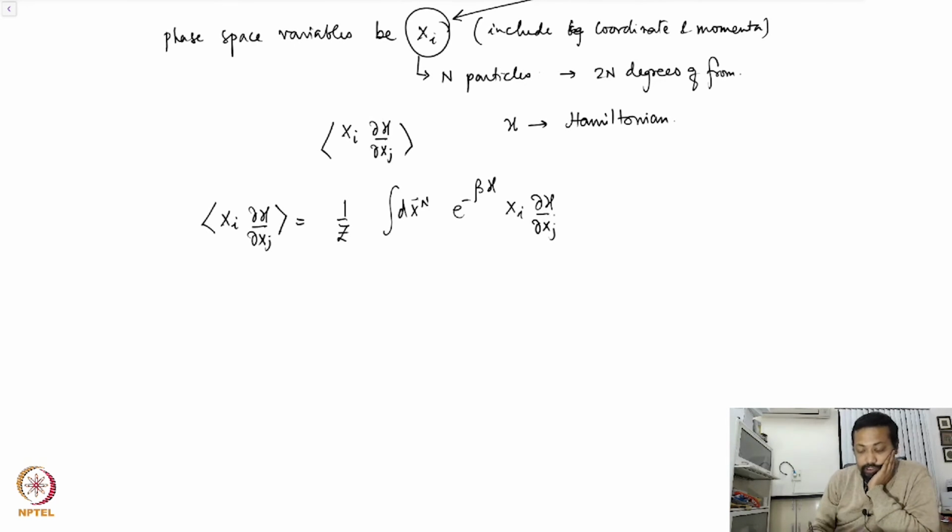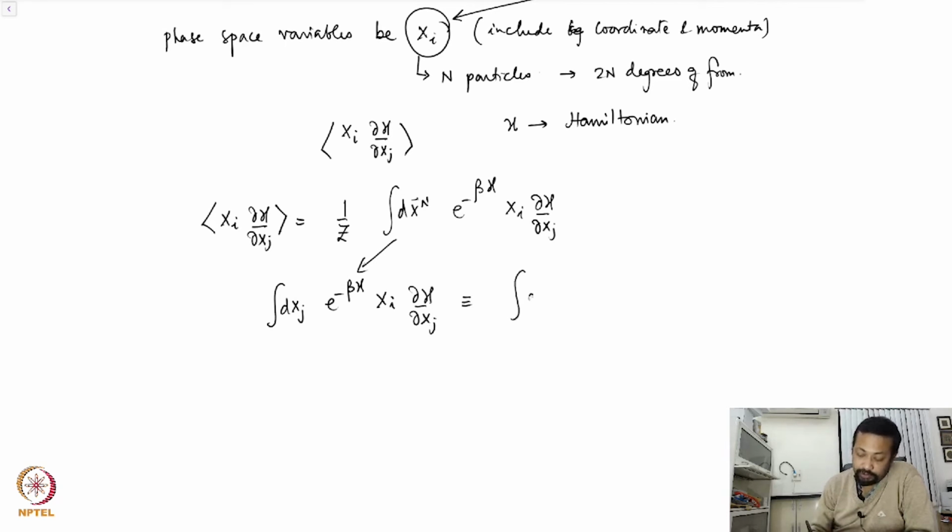Now let's focus on the integral over xj. I extract the term e to the power minus beta h del h del xj, which I rearrange.